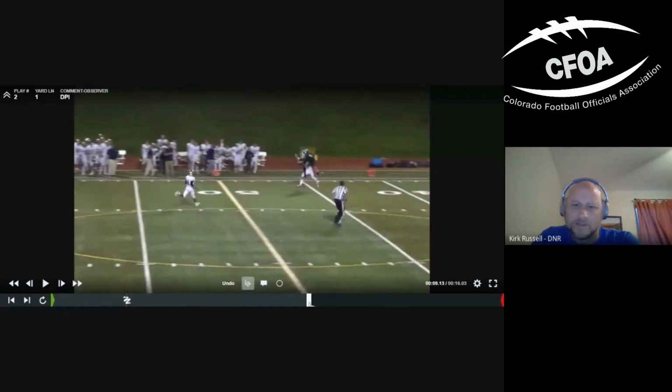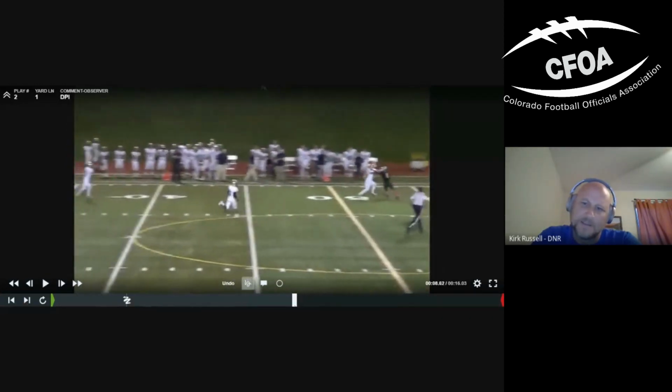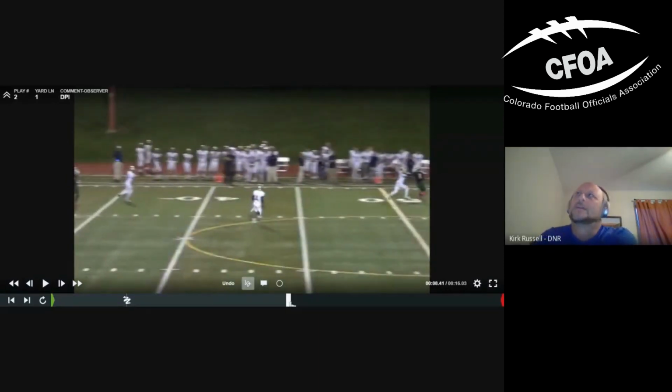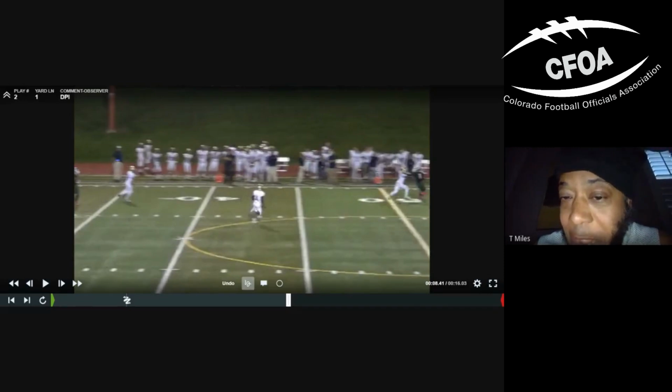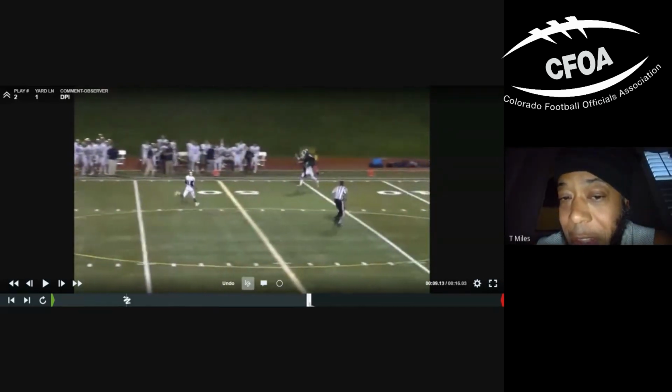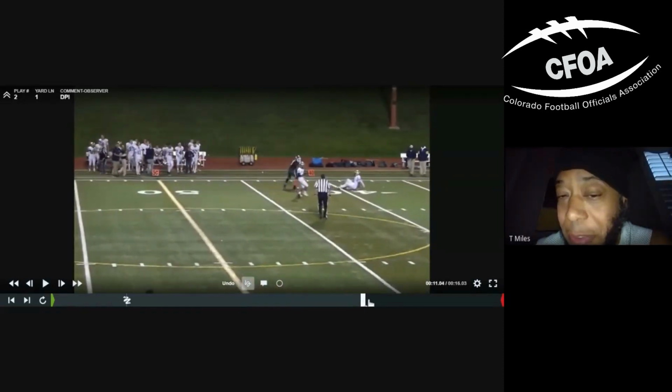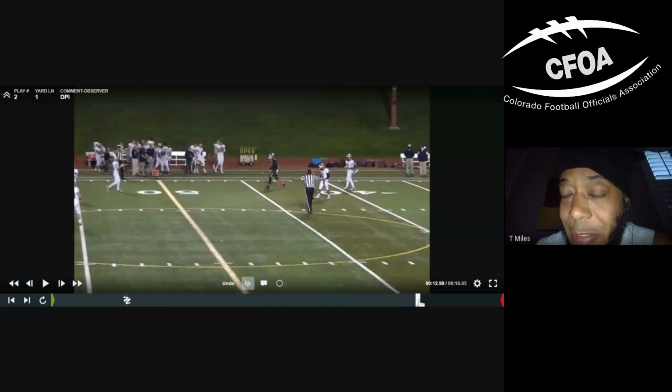But if the defender knew where that ball was, they may not have made that type of contact. I struggle with that statement, because if it was a good pass, it's a touchdown, right? True. Yes, because he's ahead of the defender clearly. But now it looked ugly because he had to come back through the defender's back.